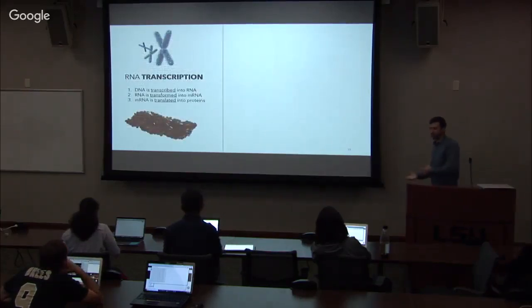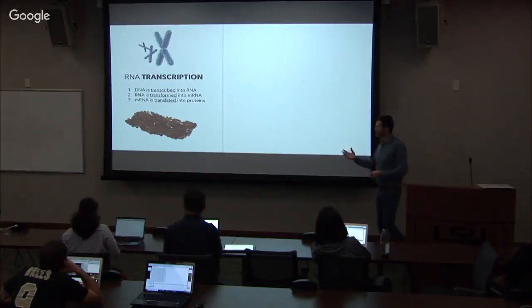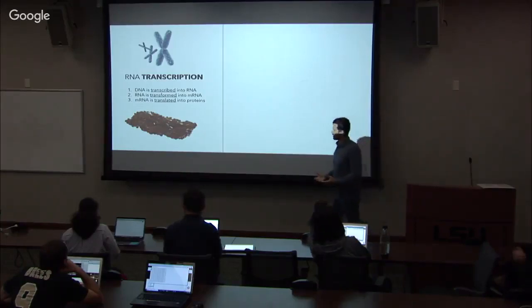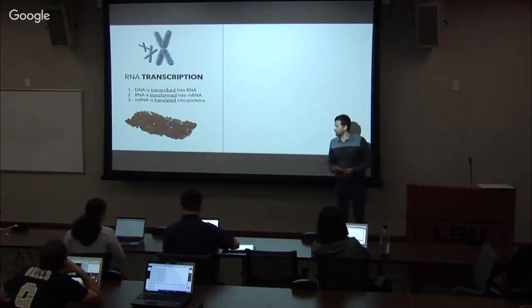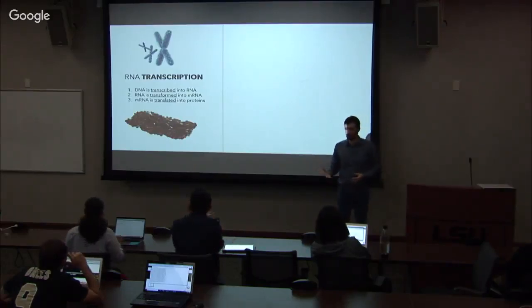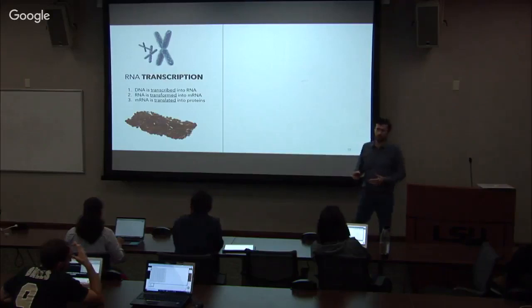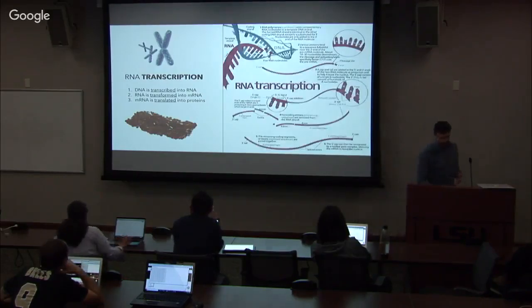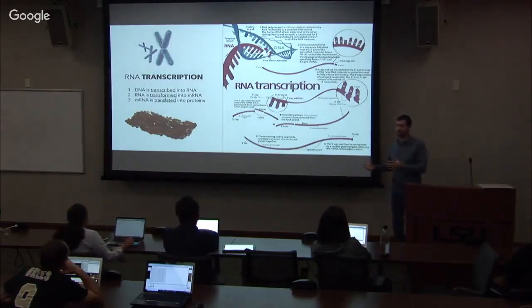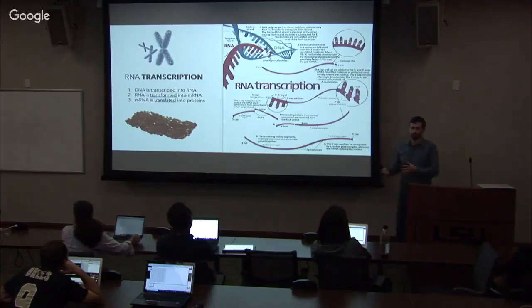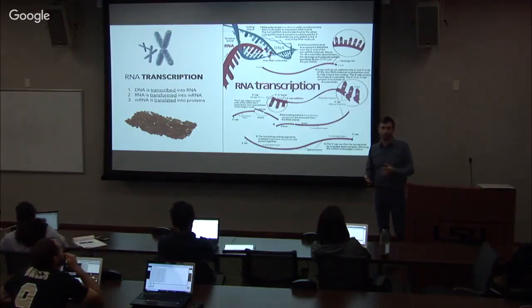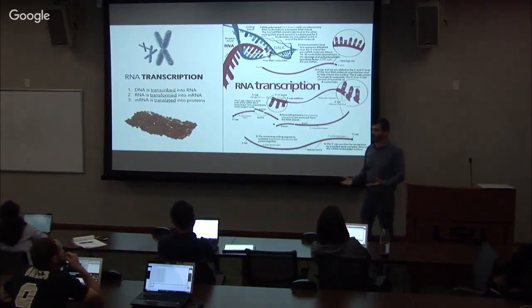What are we mapping? As you all remember, DNA is transcribed into RNA. RNA is then processed into mRNA, and then mRNA is finally translated into protein. So what we're focused on is mRNAs. And mRNAs get to their final form in a fairly complicated process, a lot of it related to alternative splicing.